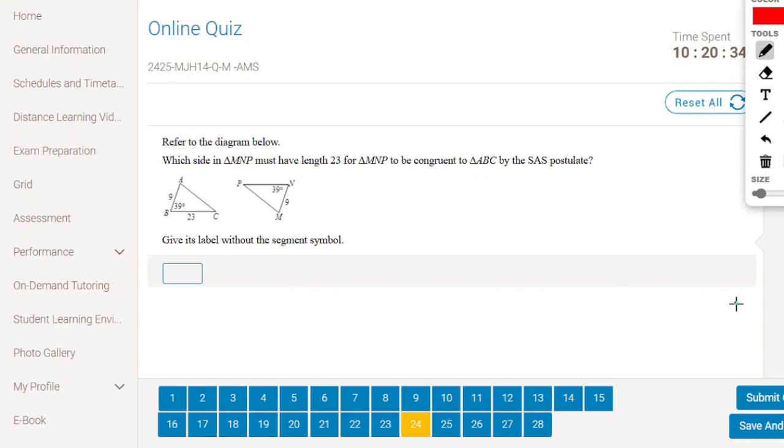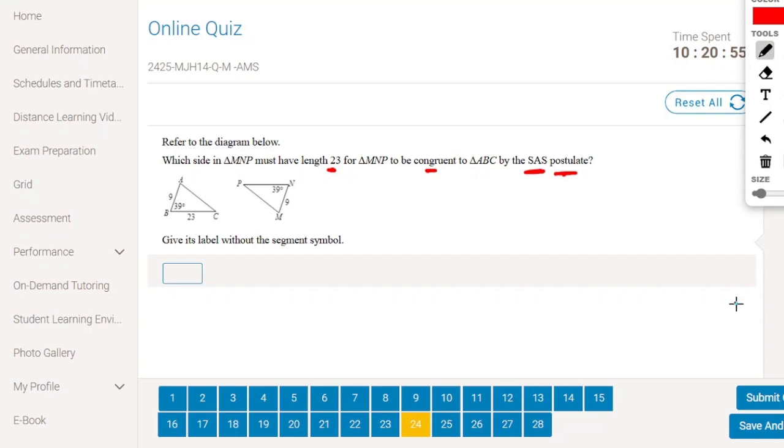Now question number 24. Refer to the diagram below. Which side in triangle MNB must have length 23 for triangle MNB to be congruent with ABC by the side, angle, side postulate? Okay, let's come here.